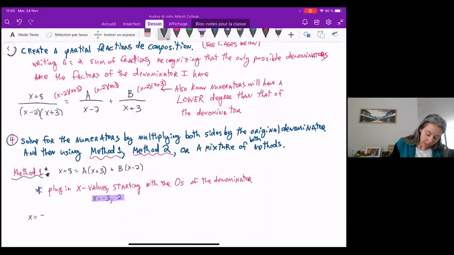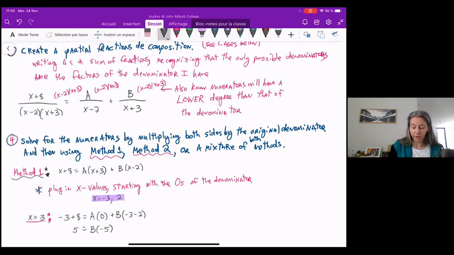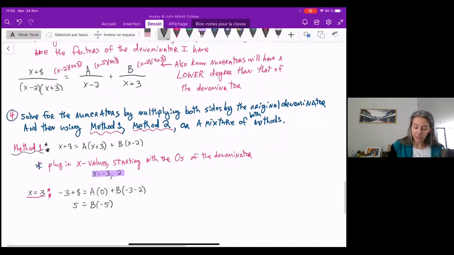So I'll start by plugging in x is equal to -3 into that equation. So I'll have -3 plus 8 is equal to A times 0 plus B times -3 minus 2. So I get 5 is equal to B times -5, which gives me B is equal to -1.